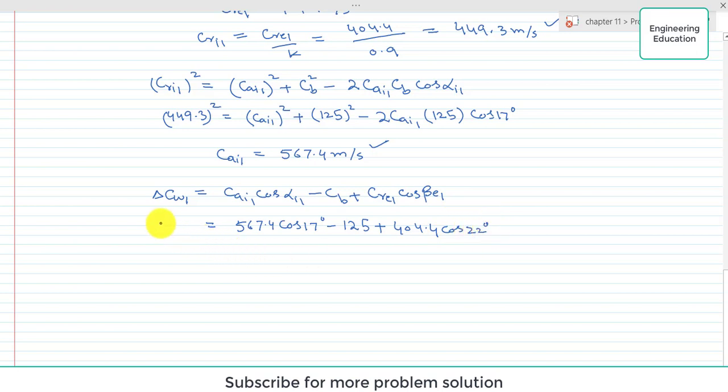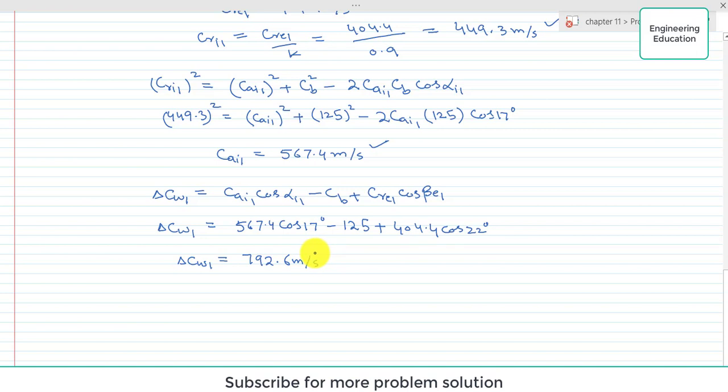Simplifying it and solving it for delta CW1, we get the value which is 792.6 meter per second.